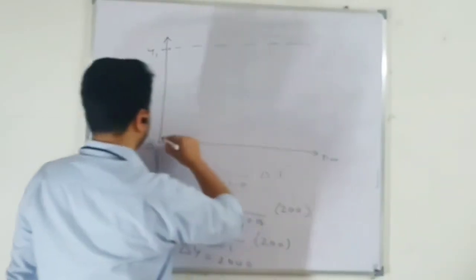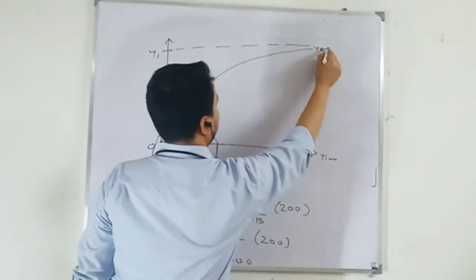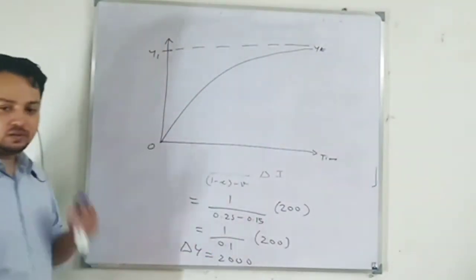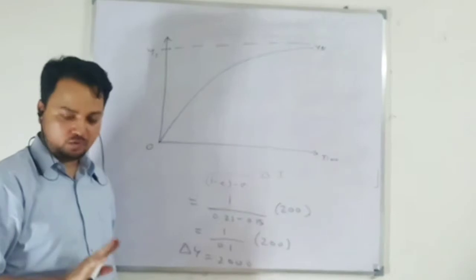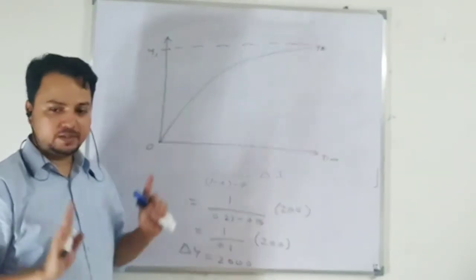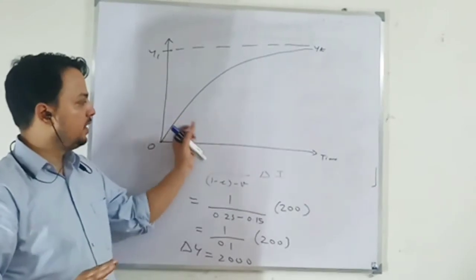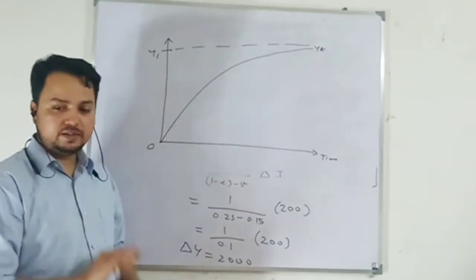So your income is increasing with respect to time. It will be increasing at a decreasing rate, and it is coming to a halt. I will give the example for every subsequent period, no need to worry. It is my responsibility to explain each and every point. So every successive period, income will be increasing at a decreasing rate.